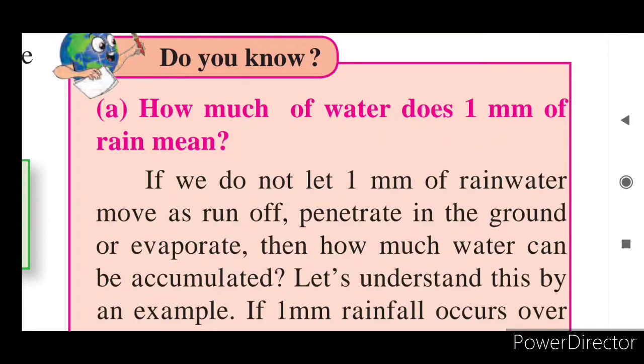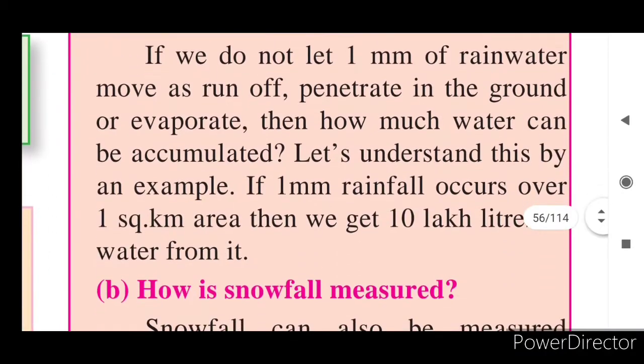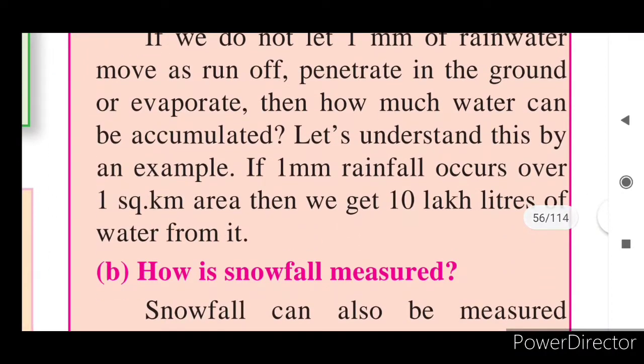So here they are saying, if we want to measure 1 millimeter of rainfall, exactly how much is it, if we do not let the rainwater penetrate the ground or evaporate? Let us understand by an example.